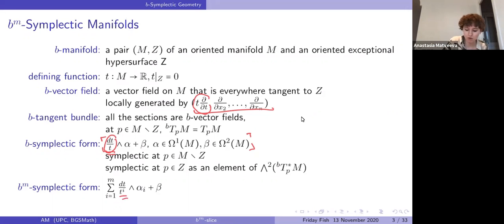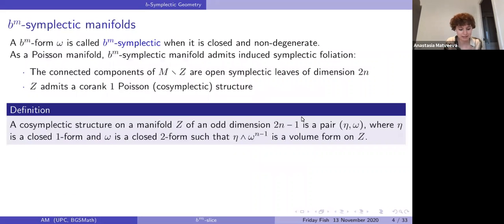You can go all the way down, starting with defining the BM vector field here, and do all of this business to define what a BM symplectic form is. Formally, we again say that a form is BM symplectic when it is closed and non-degenerate, in the sense of BM cohomologies, as a 2-form of this cotangent bundle.